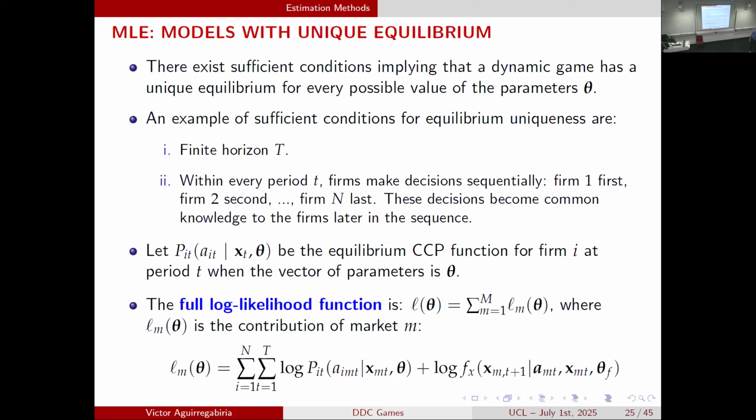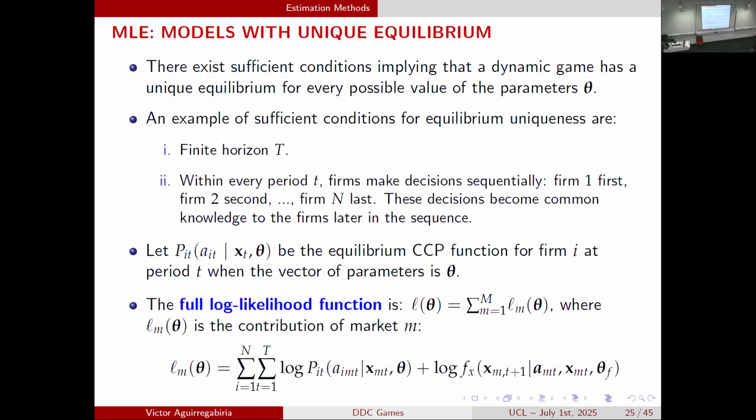I'm not going to try to argue whether this is a reasonable assumption or not, because I'm not a big fan of that approach. But let's suppose that we have a model where we are willing to make that assumption and we have equilibrium uniqueness. Then that means that for every value of the vector of structural parameters theta, our model predicts a unique vector of choice probabilities for each player, which are the choice probabilities under Markov perfect equilibrium.